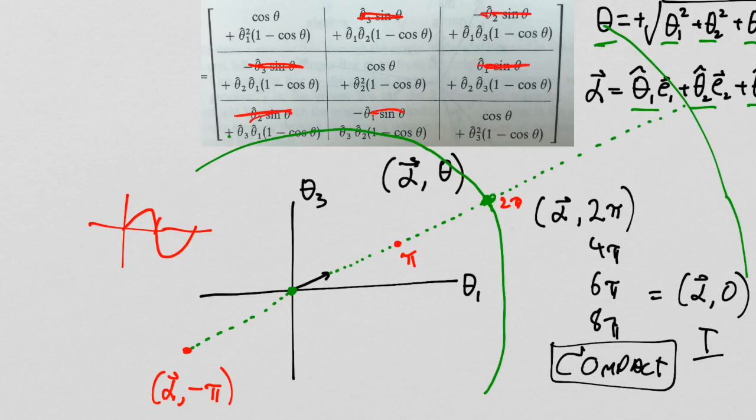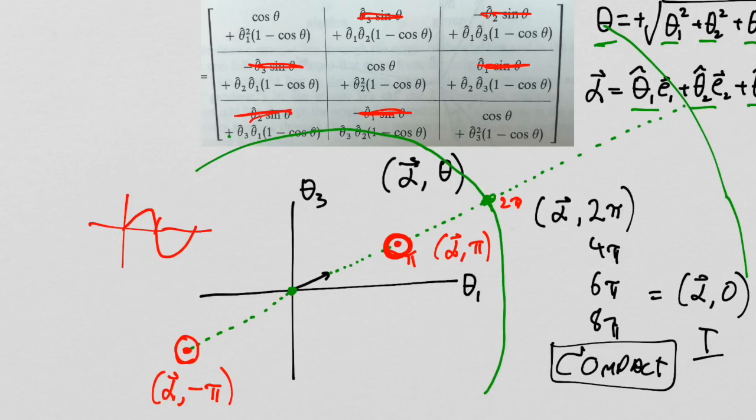The cosine terms don't go away, but they don't change either. So whatever matrix corresponds to this point, alpha pi, it's actually the identical matrix that corresponds to this point, alpha minus pi.